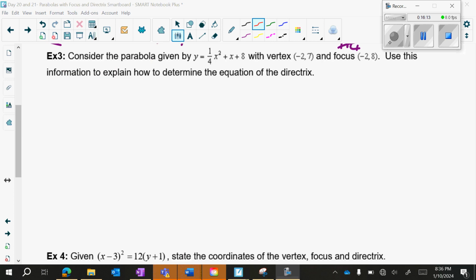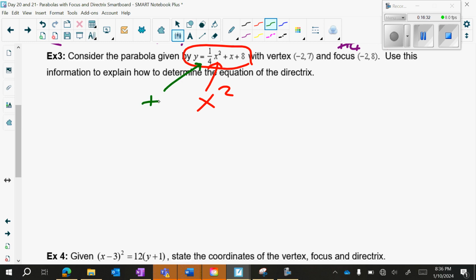Now this next one threw us a curveball because this is actually in standard form, and you could just graph it in y equals and take a look. But because it's in standard form, the one thing we want to mention is you want to look for what's squared. X is squared, and you also want to look at the leading coefficient. The coefficient is positive, so positive x squared means it's going to open upward.